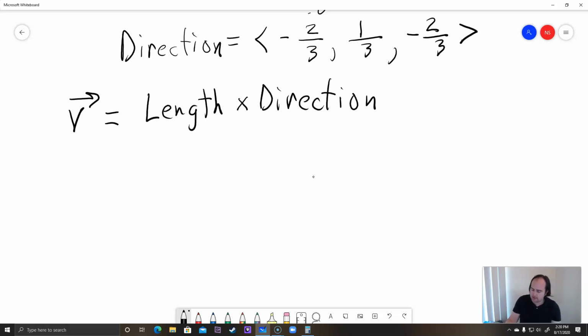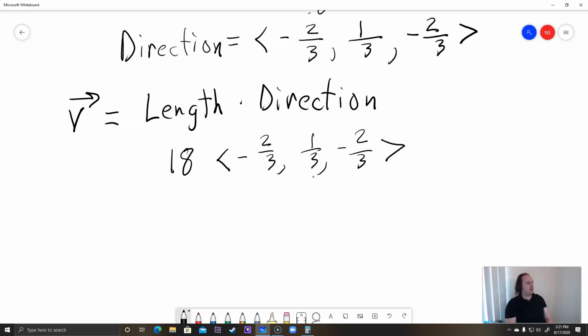And I probably shouldn't use an x there, because that can get confusing. So instead I'm going to use just a dot. Okay, so length times direction. Well, we said the length was 18, and then we just figured out the direction is negative 2/3, comma 1/3, comma negative 2/3.